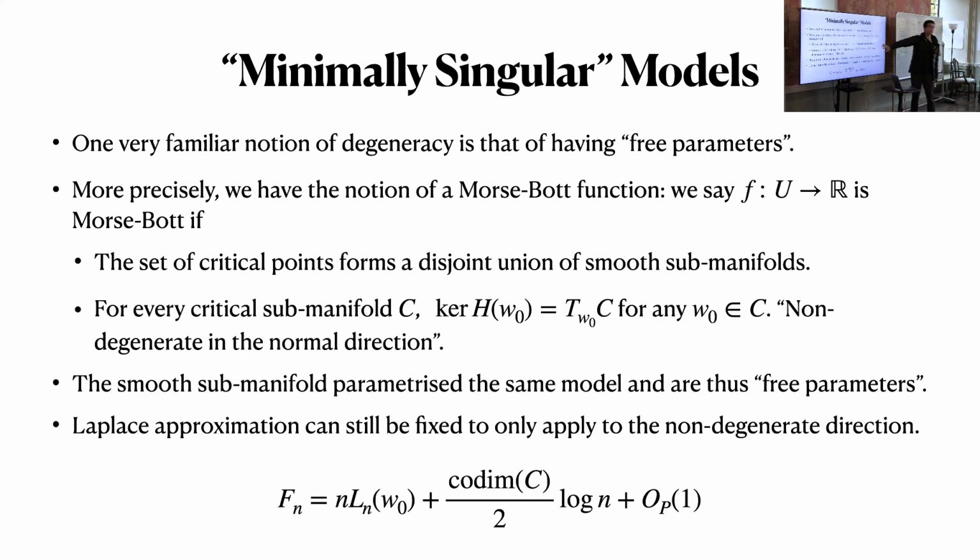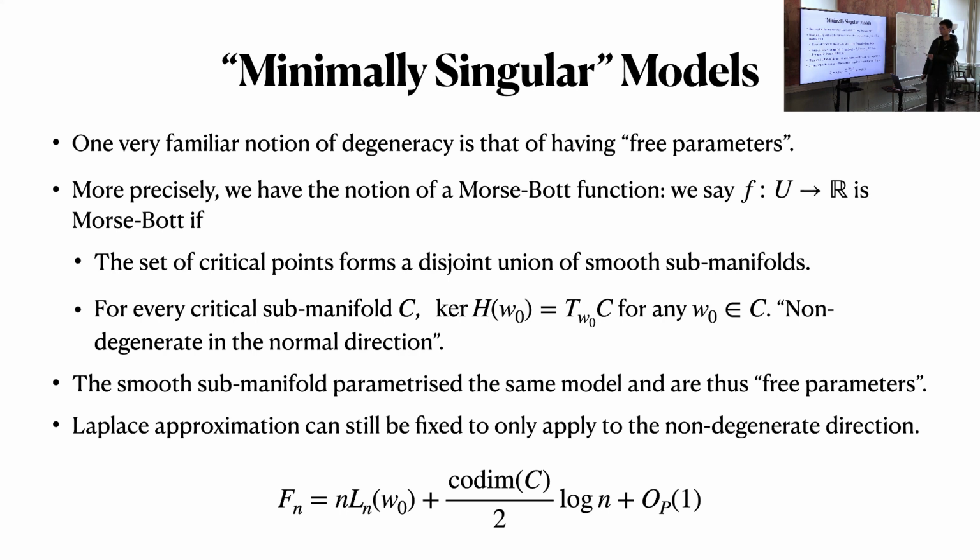So the upshot of that is that in that integral that we are trying to do just now, there are some directions where you only need to apply Laplace to those directions where it is not degenerate. The intuitive notion is that this smooth submanifold is the free parameters.